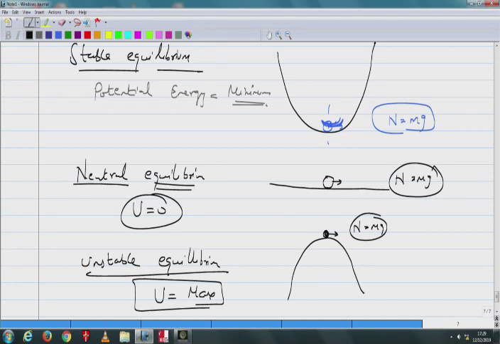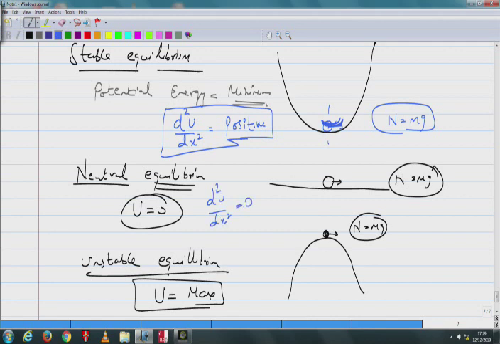Now, what is the condition? The potential energy, d square U by dx square must be positive. Basically, the rate of potential energy, you can say the force, is increasing. Here d square U by dx square is 0, and finally this one is d square U by dx square negative.